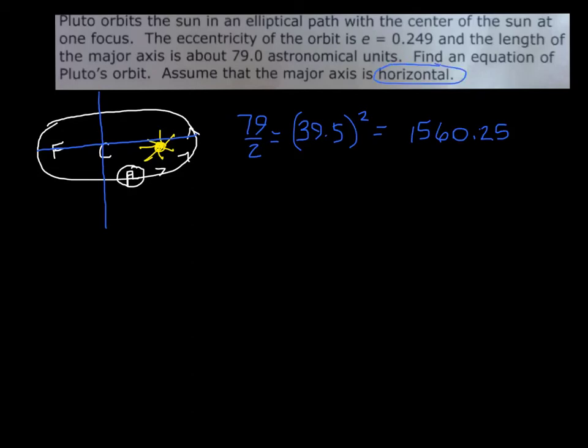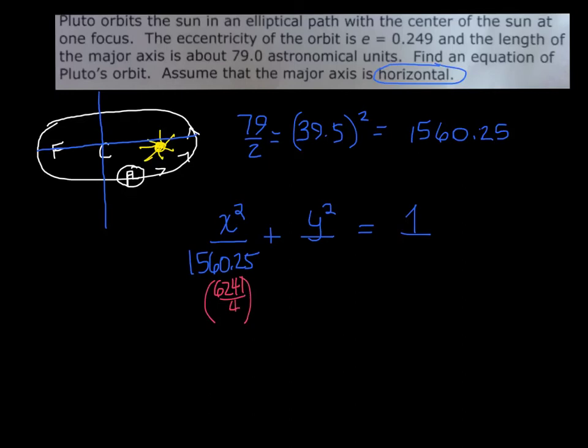So my center is 0, 0, so I know this is going to be x squared plus y squared equals 1. And I know a squared is 1560.25, which will math frac to 6241 over 4. Now, how do I find b squared?